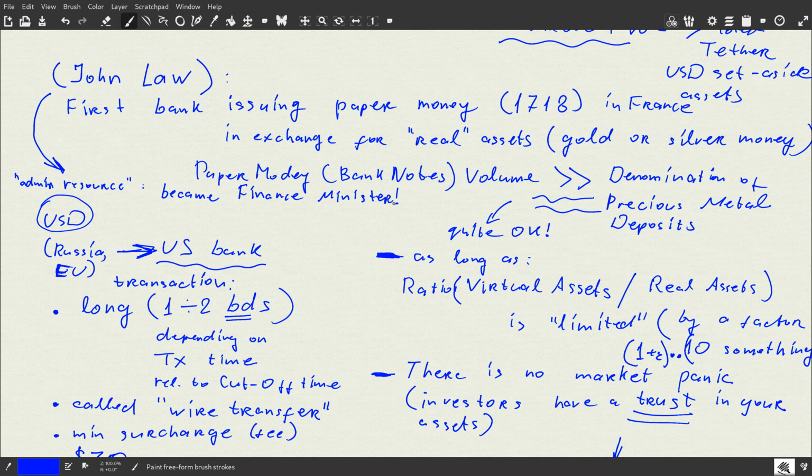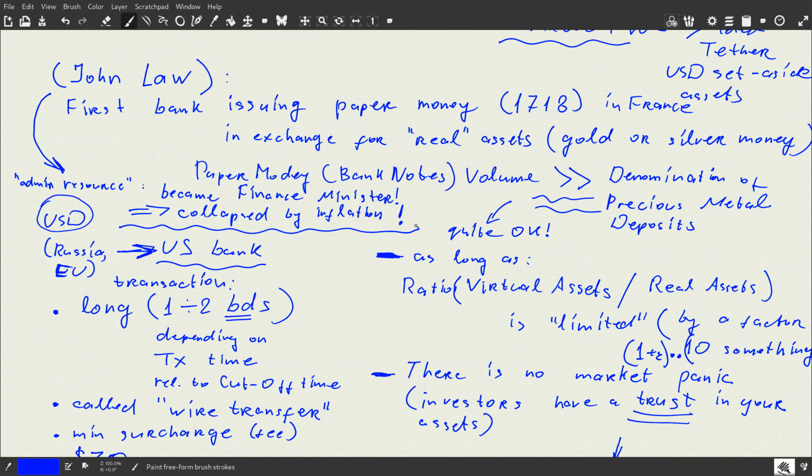And obviously, if this is backed by the finance ministry, then the trust in his bank significantly increased, and it eventually collapsed by inflation, simply because this ratio of virtual assets to real assets became too large. So that first story was not a complete success.